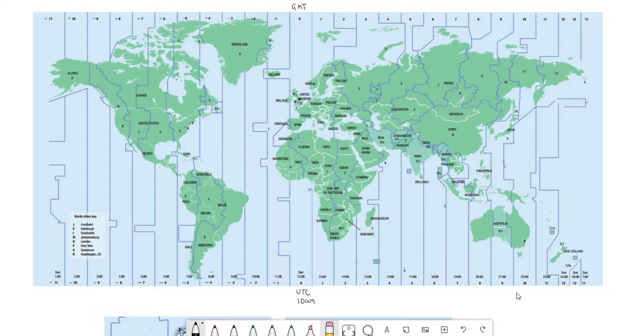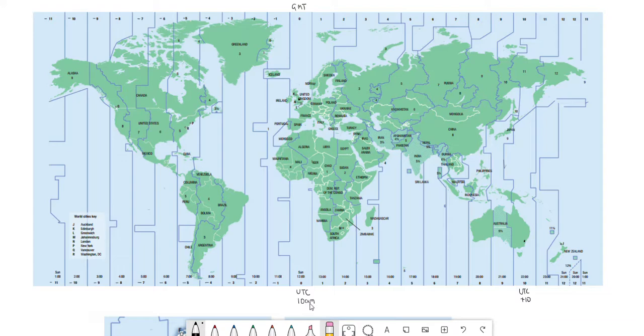And what we've done in the world is we've split the world up into zones, and because UTC is our base zone, it's at our zero time, Australia is at UTC plus 10, which means we are 10 hours ahead of Greenwich Mean Time.